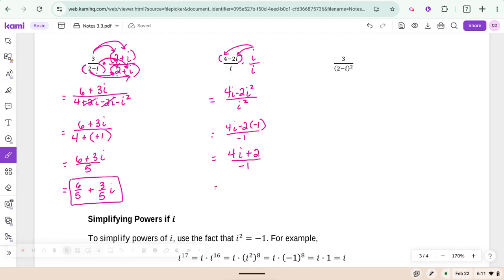Now when I separate these, I'm going to divide each of these by -1, so that will become minus 4i and minus 2. But I always want to put the real part first and the imaginary part second. So this one simplifies nicely so that it's not even a fraction anymore.